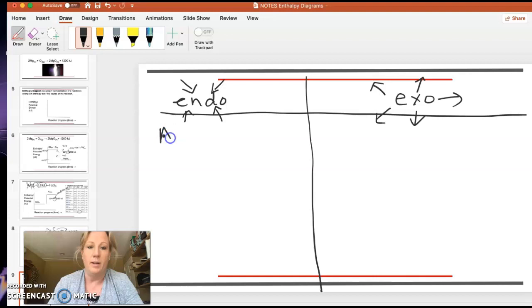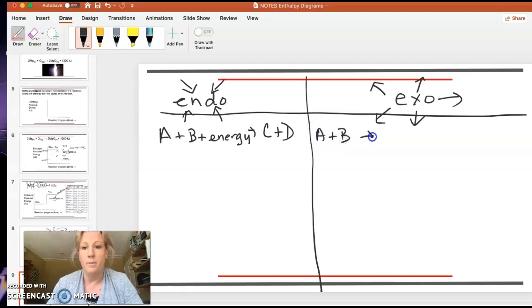So if I write the reaction and it's endothermic, I'm going to have that energy on the reactant side. And if it's exo, my energy is going to be written on the product side. The energy is written positively for both.